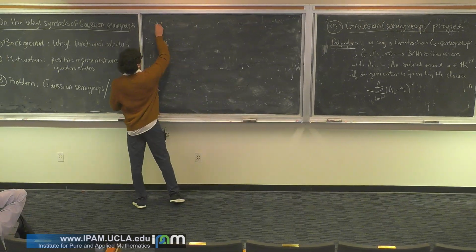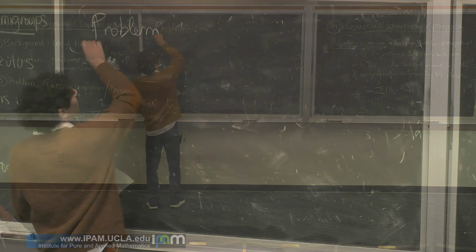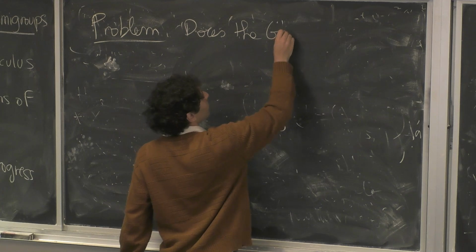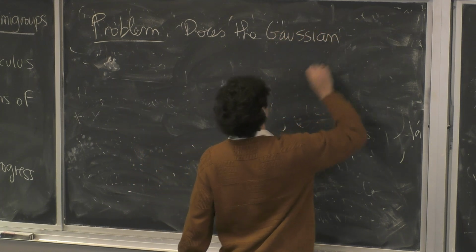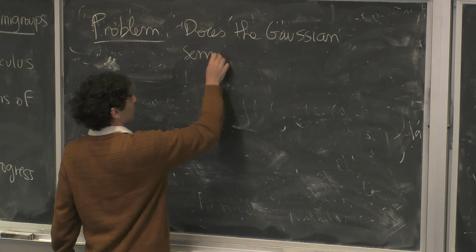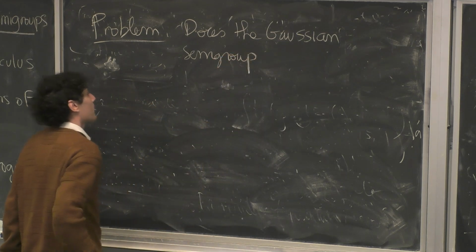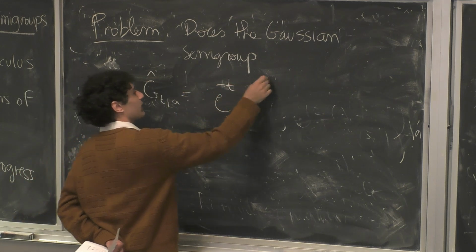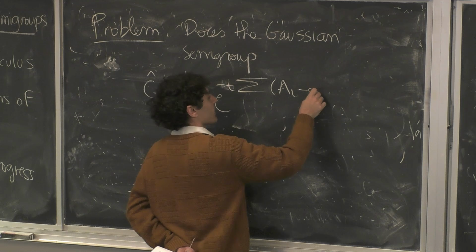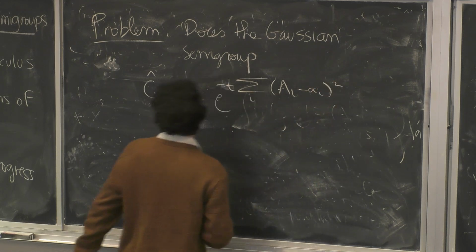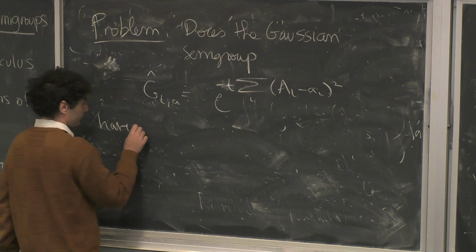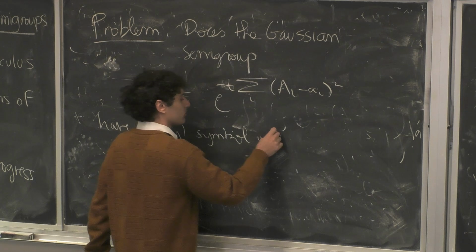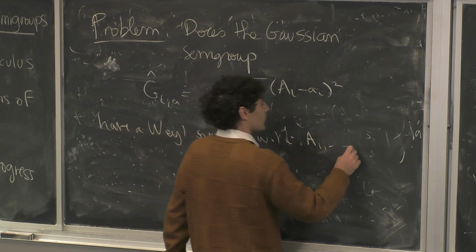So the problem: does the Gaussian semigroup G_{t,A}, which is e to the minus t times the sum of (iA_j minus a) squared, have a Weyl symbol with respect to A1, ..., AN?